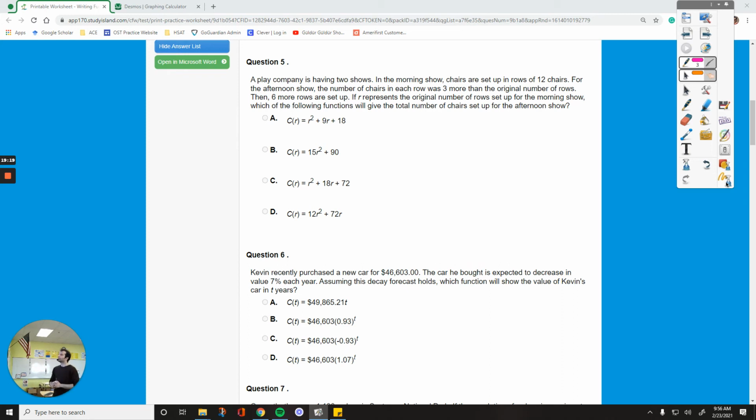Now, a play company is having 2 shows. In the morning show, chairs are set up in rows of 12 chairs. So in the morning, there are 12 chairs. For the afternoon show, let's do afternoon.